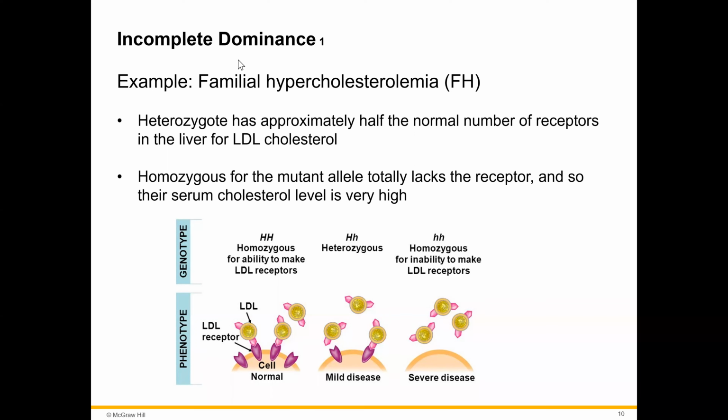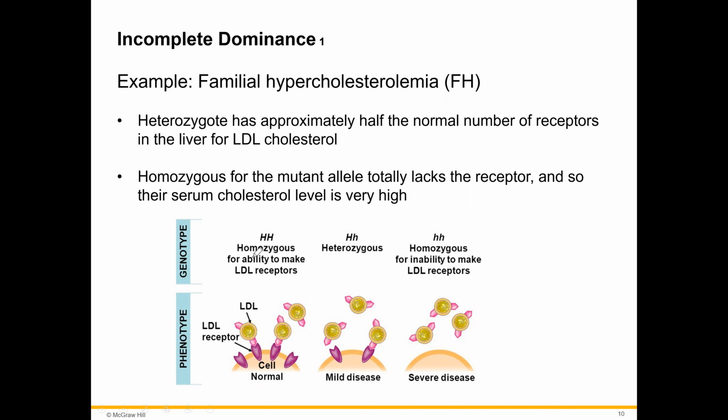Now, what it says is that if you are homozygous for the ability to make LDL receptors, so if you are big H, then on your liver cells you have receptors. And what these receptors do, they attach the cholesterol to the receptors, and this cholesterol moves inside liver cells. So your blood cholesterol is low, right?